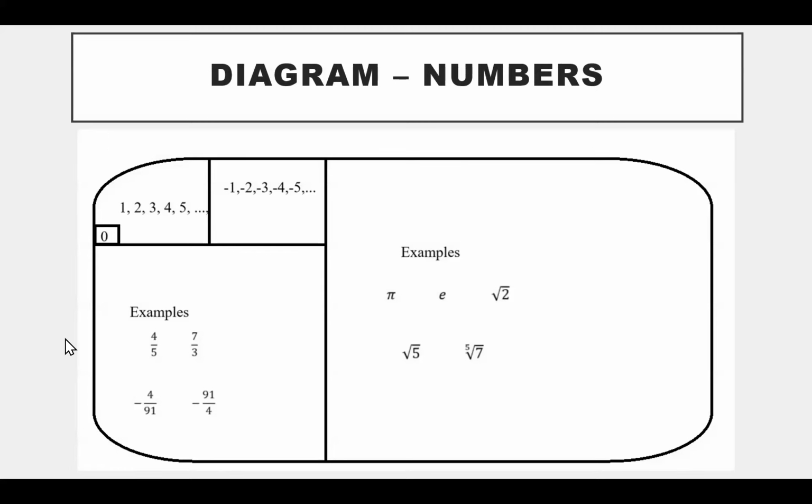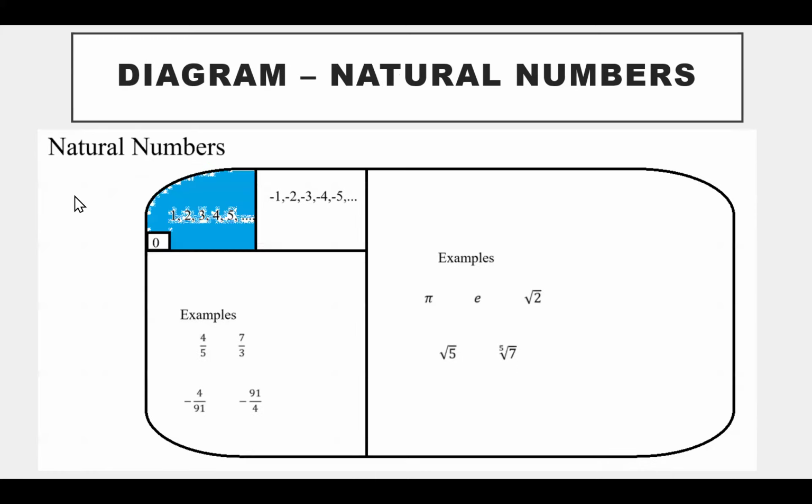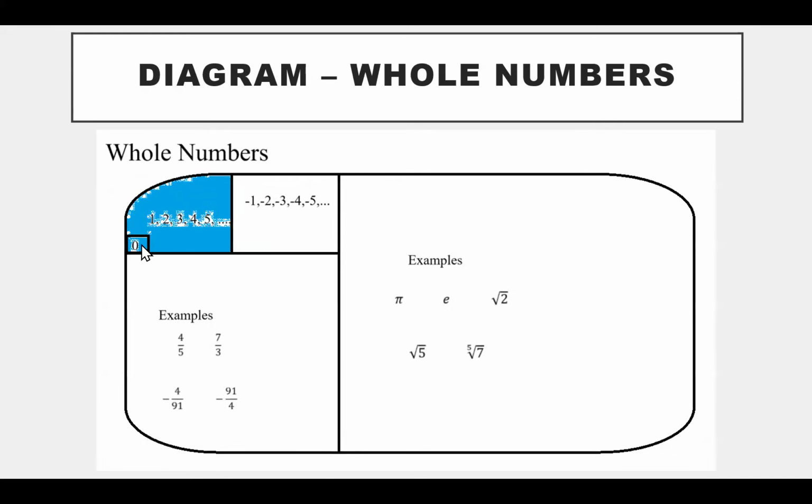Now, oftentimes we have diagrams to easily see what types of numbers are what. I've drawn this diagram. It's a pretty crude diagram where we have a bunch of numerical values. So the natural numbers are the numbers 1, 2, 3, 4, and 5. They take up this little space. If you add 0 into that, you get the whole numbers.